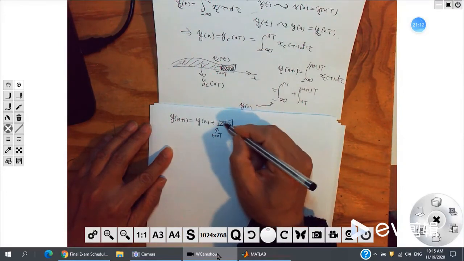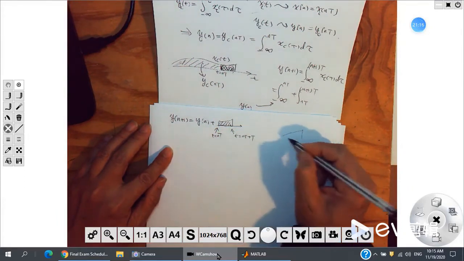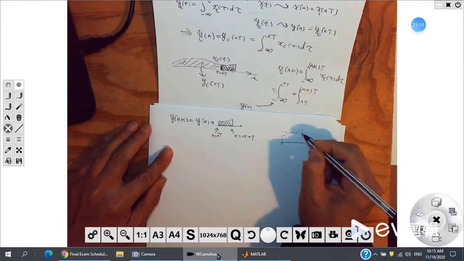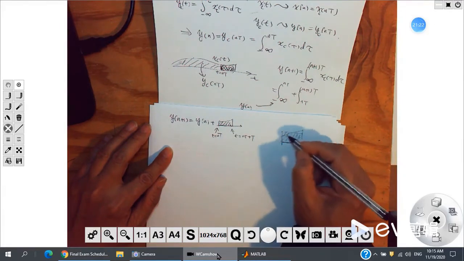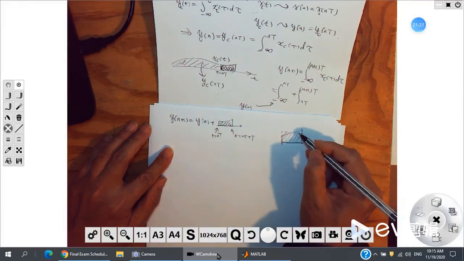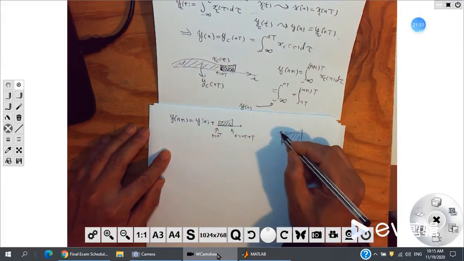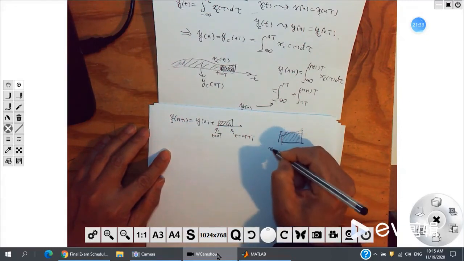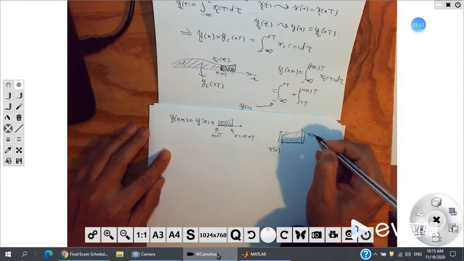Now what is this area? We can replace it by a rectangle, right? The rectangle and the whole area are quite close. The difference is very limited. This side is x of n, and this side is x of n plus 1.